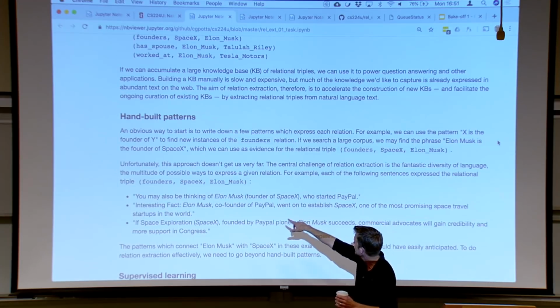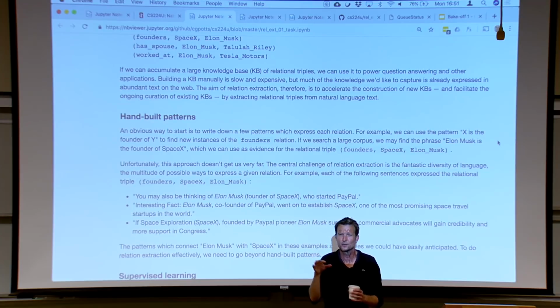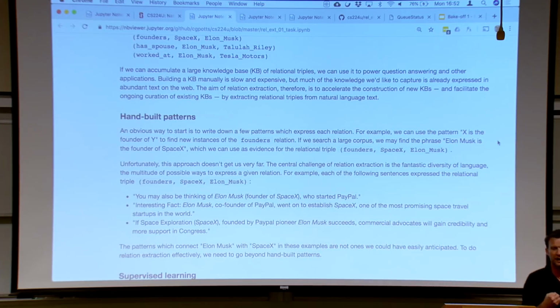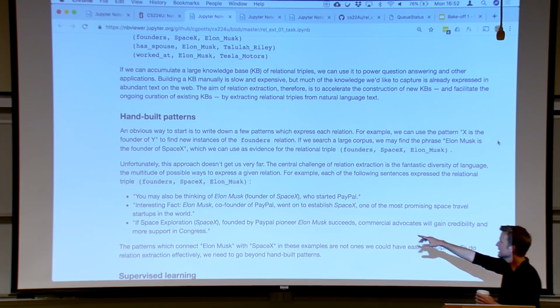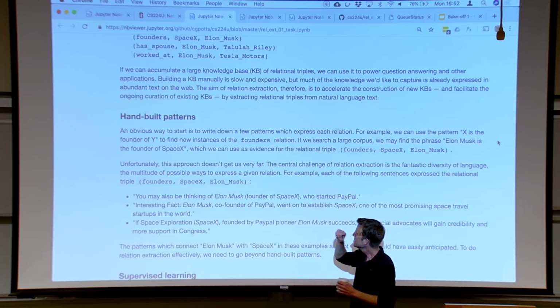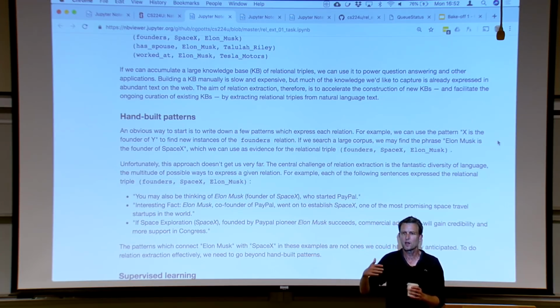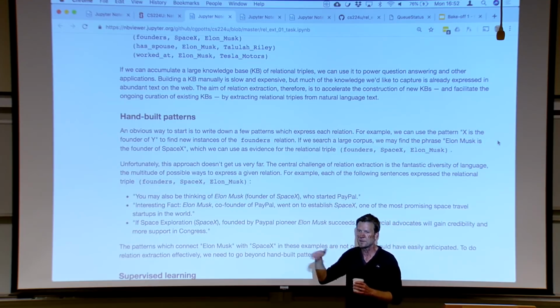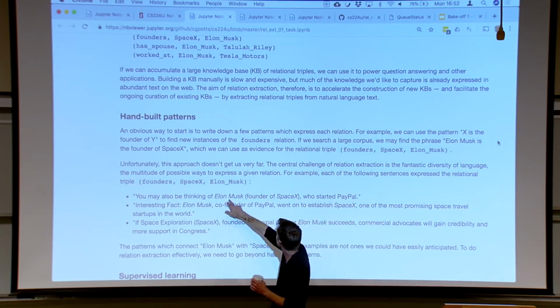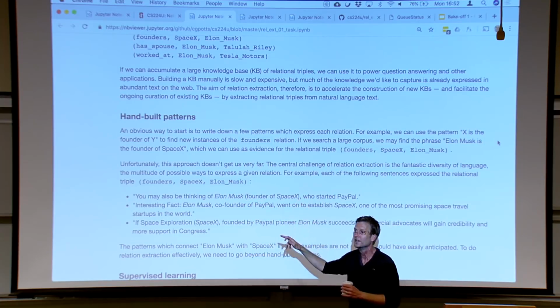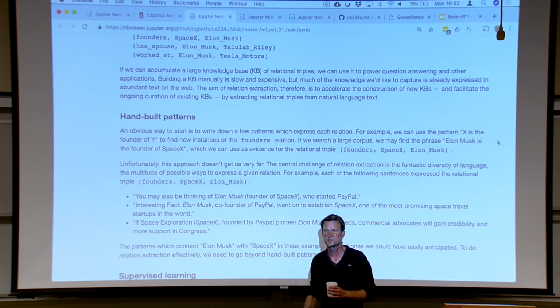You wouldn't have anticipated any of these exact patterns, and even if you create a little bit of flexibility by making it a regular expression instead of an exact match, there's no way you would have anticipated any of these patterns. Now, once you see these examples, you could say, okay, well, I'm going to add to my pattern list a pattern that captures X (founder of Y), and maybe that will match some more examples somewhere else in my corpus.